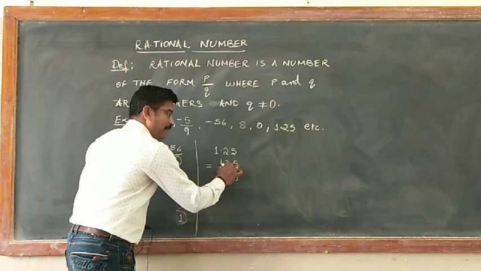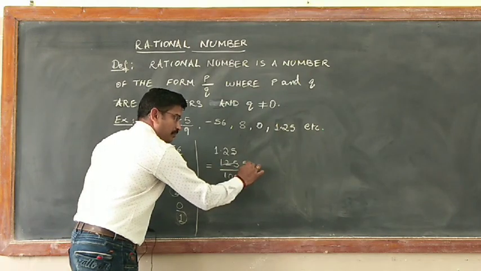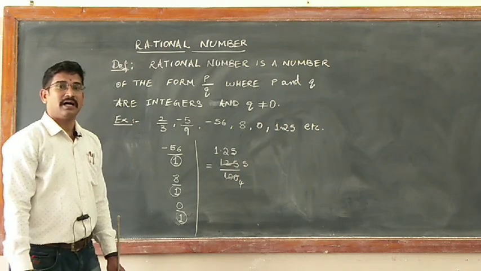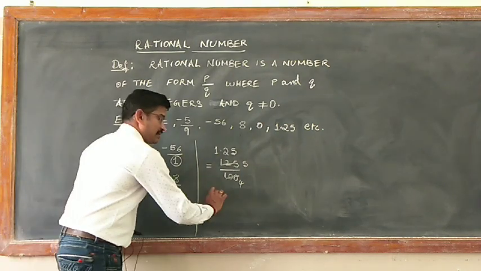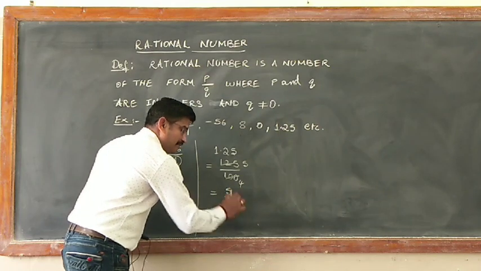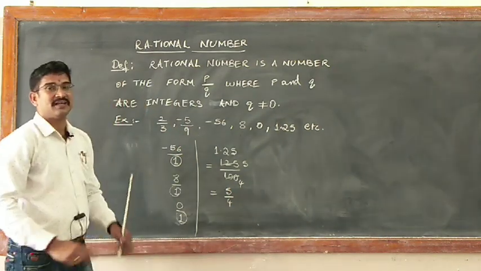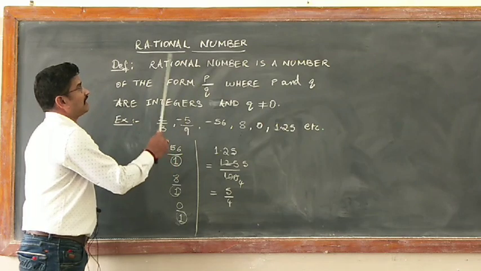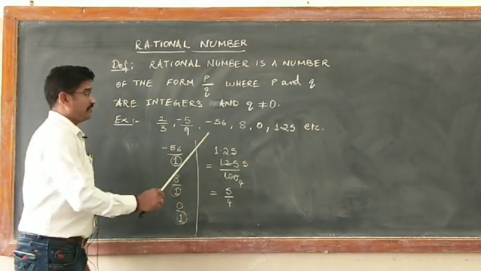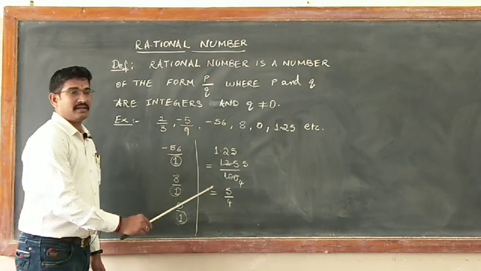So if we cancel both 125 and 100, we get the number 5 upon 4, which now satisfies the definition of rational number. That is how this decimal number is a rational number.